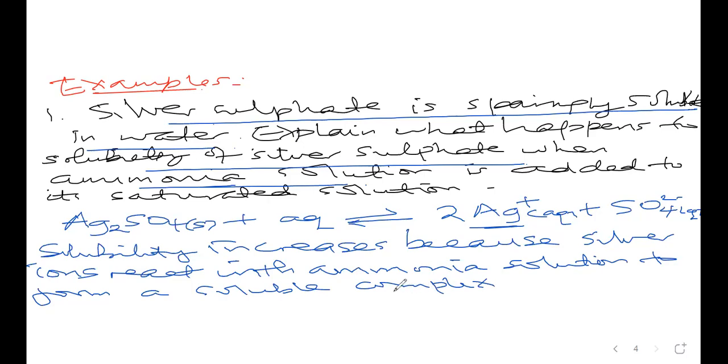Give us the name of that complex. The complex is called diamine silver(I) ion. Amine is double M here. Write the equation.